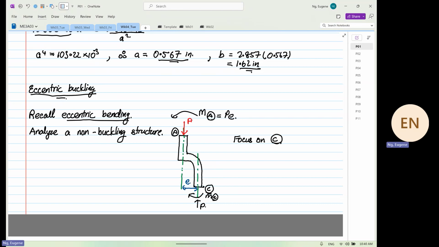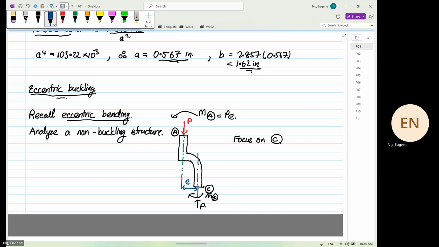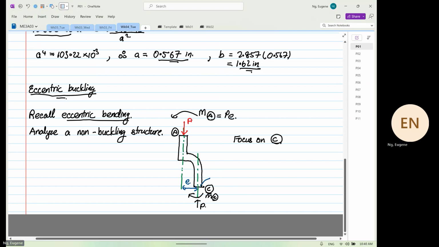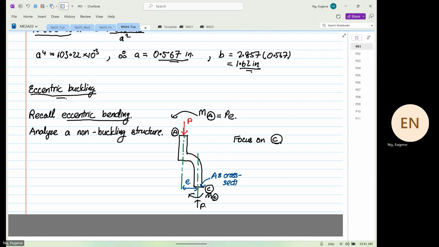So when we write, I will again have over here, I'm going to put a down here. A corresponds to the cross sectional area.